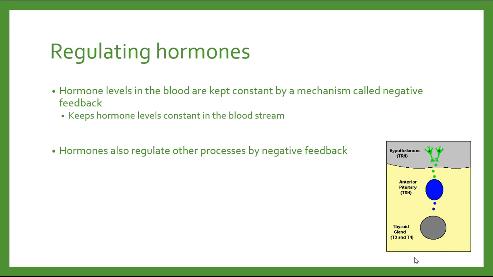Once we have enough thyroxine within the bloodstream, if it has reached too high a concentration, this will be detected by the hypothalamus, which now goes into the off position. The hypothalamus doesn't make TRH, the pituitary gland will not make TSH, and therefore the thyroid gland will not make any more thyroxine.